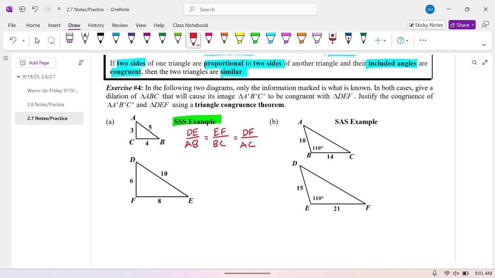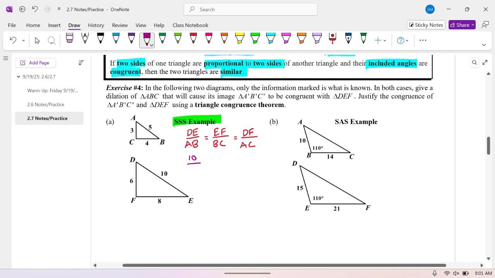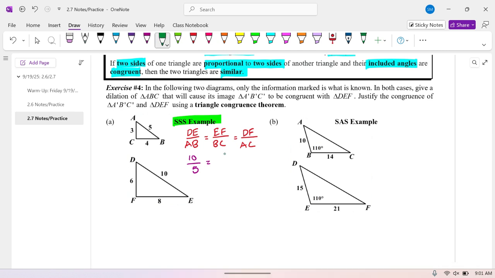So if we substituted the side lengths into those proportions, they should be the same thing. So DE is 10, AB is 5, so that should be equal to EF, which is 8, over BC, which is 4, which should be equal to DF, which is 6, over AC, which is 3. So if I simplify all three of those fractions, should I get the same number?